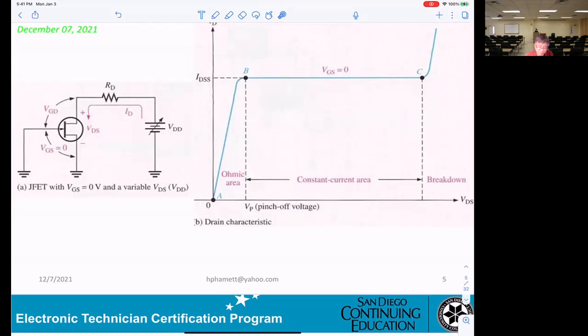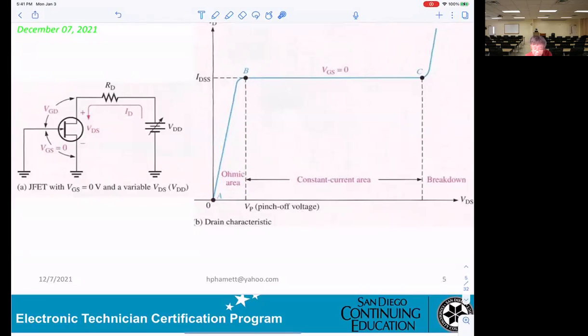Okay, so if you're looking at this display, there are three parts: one right here before VP, one after VP, and a high part, which will be a higher VDS. For this part here, the JFET can be used as a resistance. That's what they call the ohmic area.